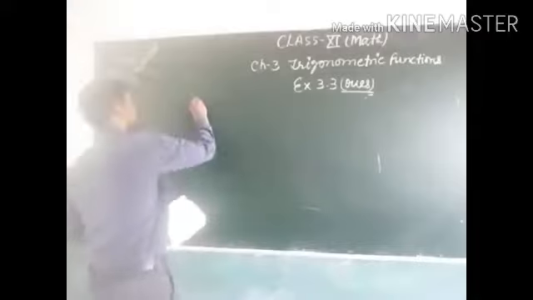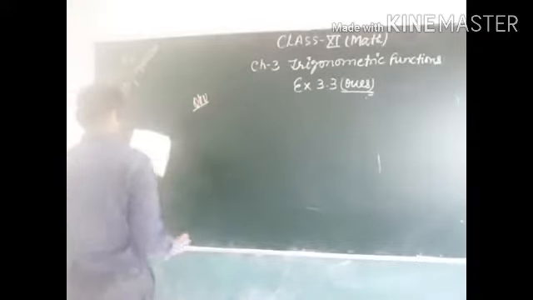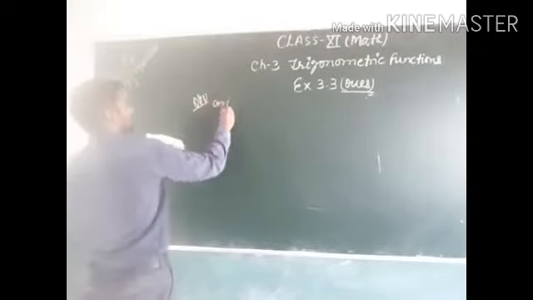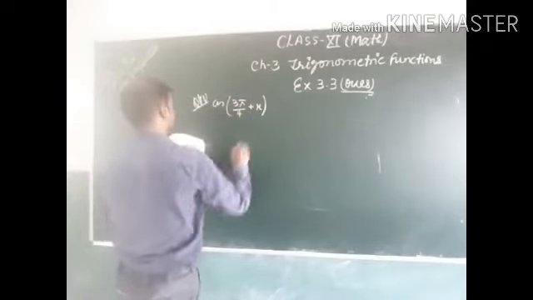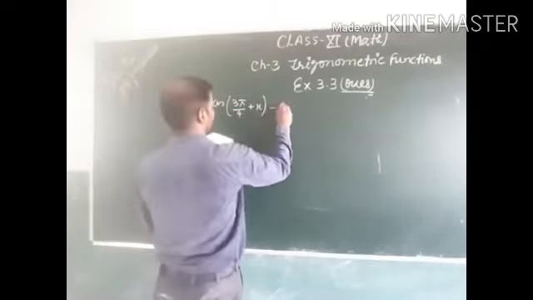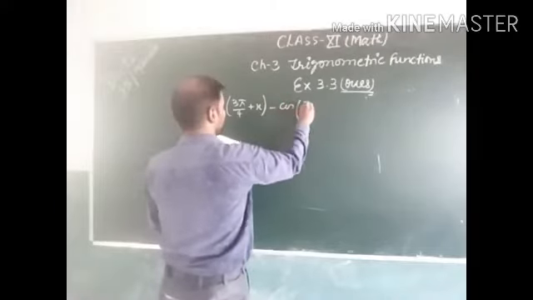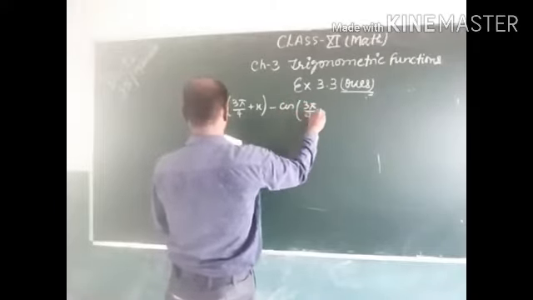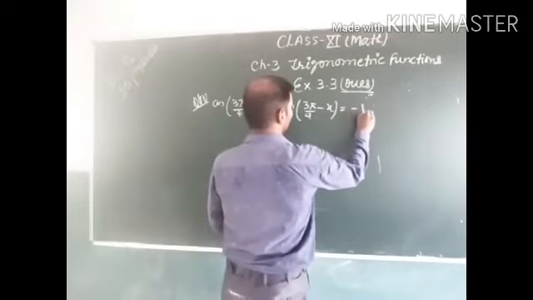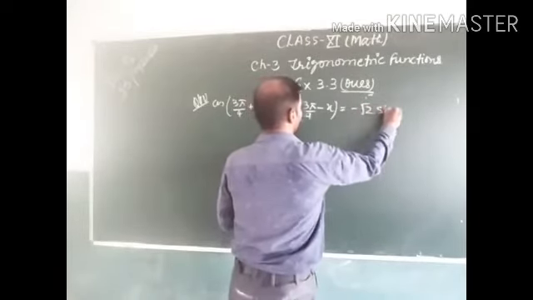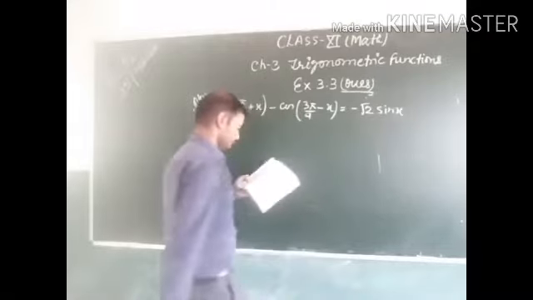Question 11: cos 3 pi by 4 plus x minus cos 3 pi by 4 minus x is equal to minus root 2 sin x.